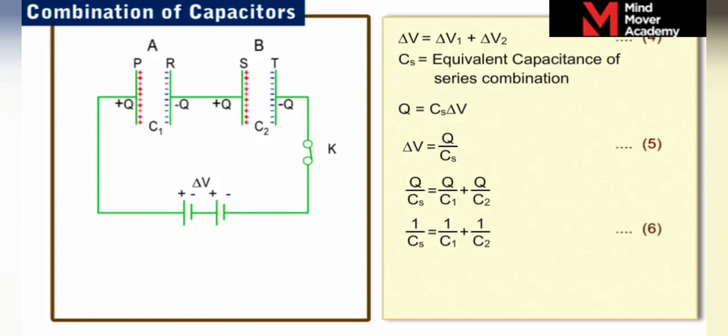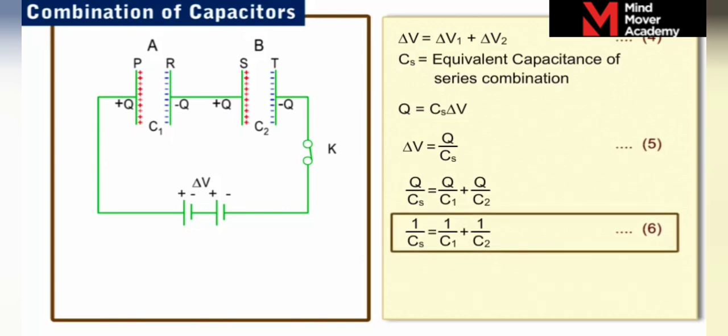Let us label it as equation 6. Equation 6 gives the relation between the equivalent capacitance for the combination of the two capacitors connected in series and their individual capacitances.